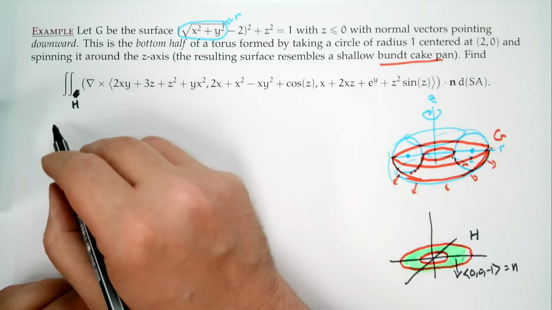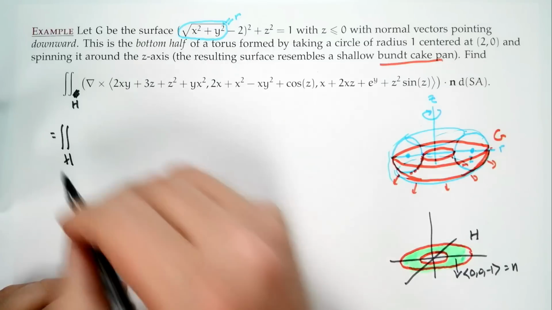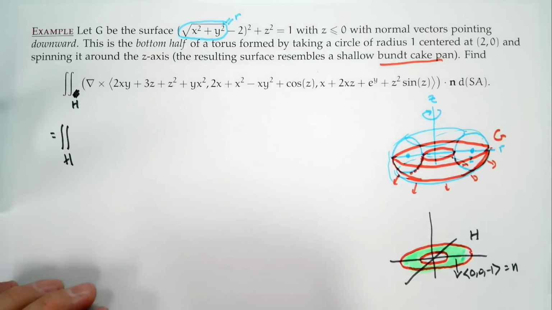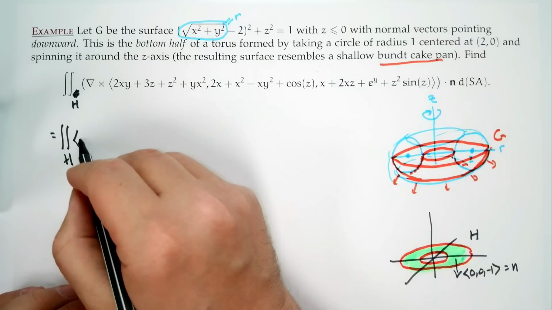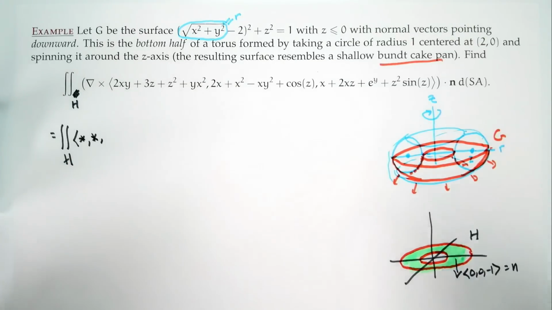This is going to be equal to the integral over H, and we only care about the third entry. The first two entries don't matter. So when we do the curl, we're going to end up with something, something, and then the third entry. Now what is that?